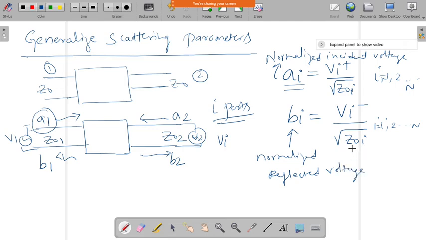ZOi is the characteristic impedance of the ith port, whether 1, 2 or whatever it is.